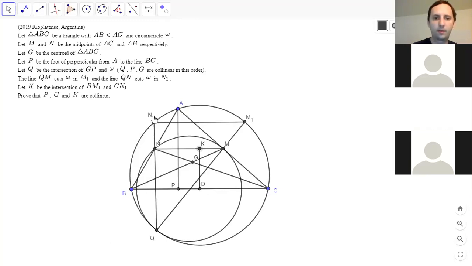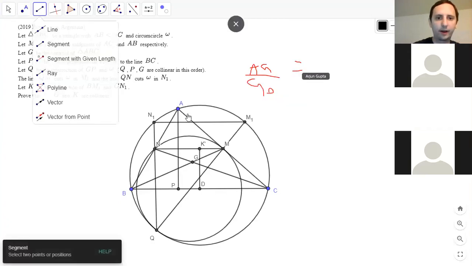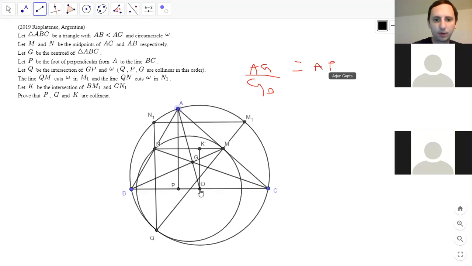So we just need to show that if we define K prime as the intersection of the perpendicular bisector of BC with MN, then P, G, K prime are collinear. We can just note that K prime D by AP is equal to half, which is equal to AG by GD. AG over GD. Okay. Yeah. No, I got it. All right. I'm going to write it up. Just a second.